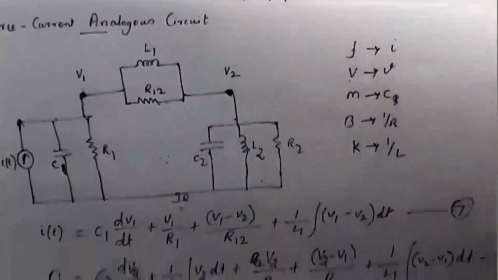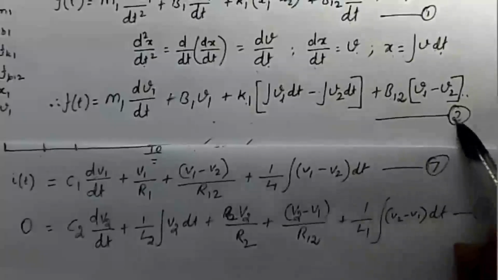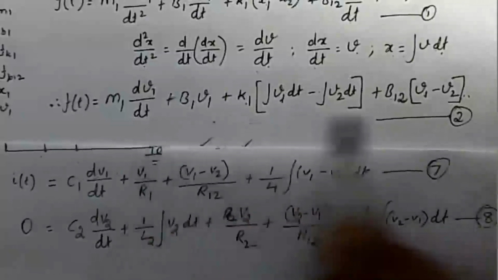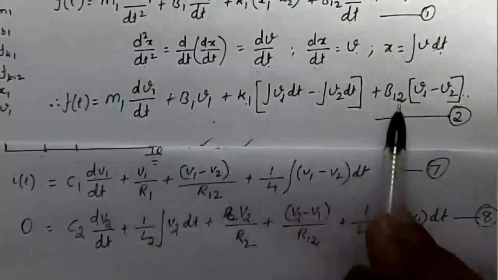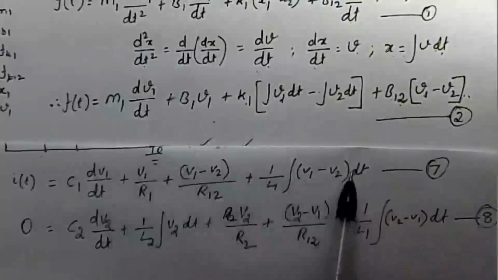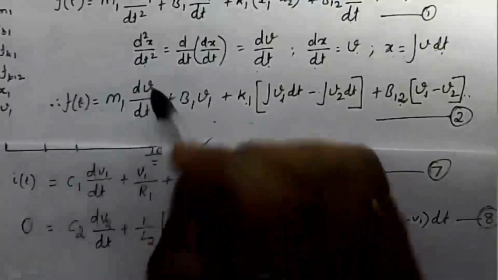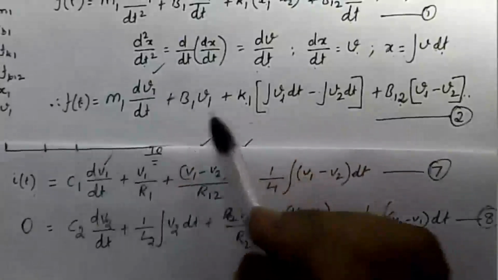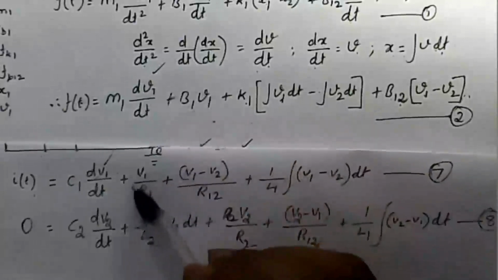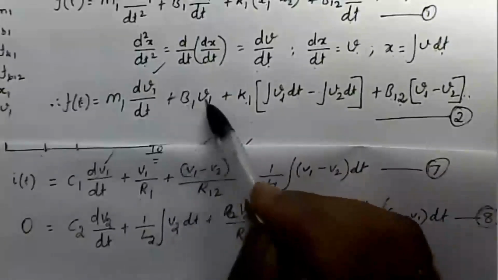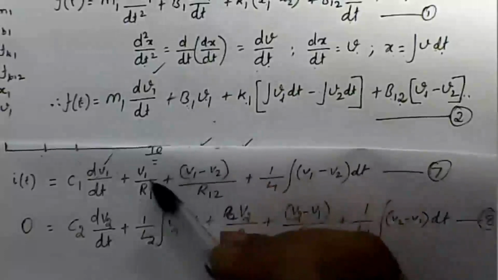Now let's verify equations 2 and 7. Equation 2 is governed by the mechanical system, and equation 7 is from the force current analogous system. Here F of t, here I of t. These two terms are similar. Then these two terms are similar: here 1 by R1, here B1, here velocity V1, here voltage V1.